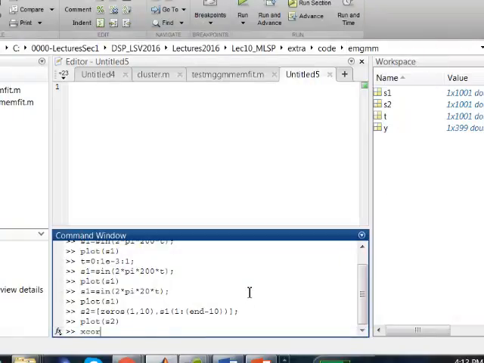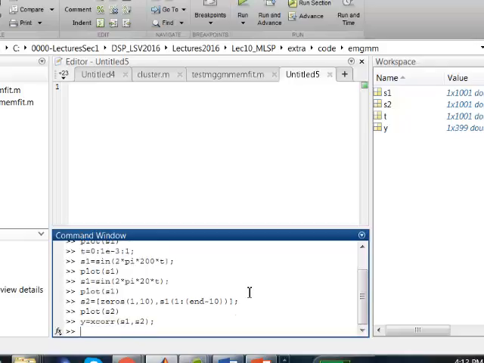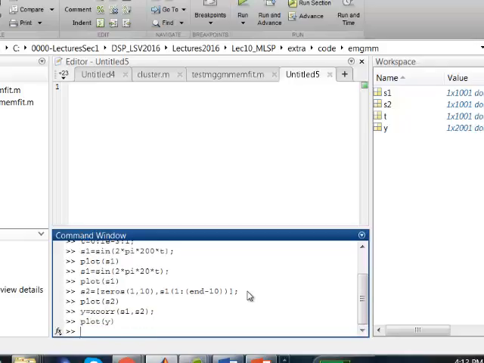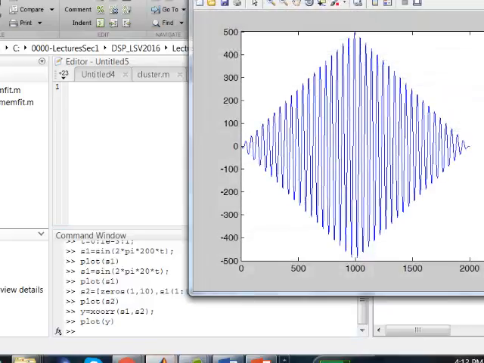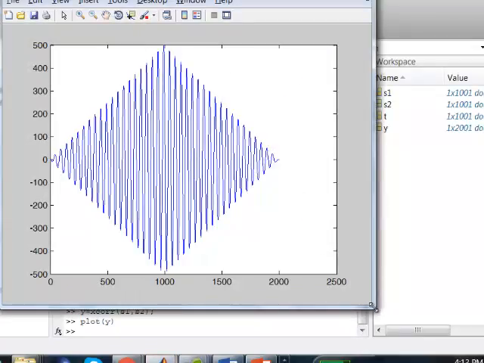Now if you calculate the cross correlation between S1 and S2, and then plot the result of the cross correlation, you see such a thing.